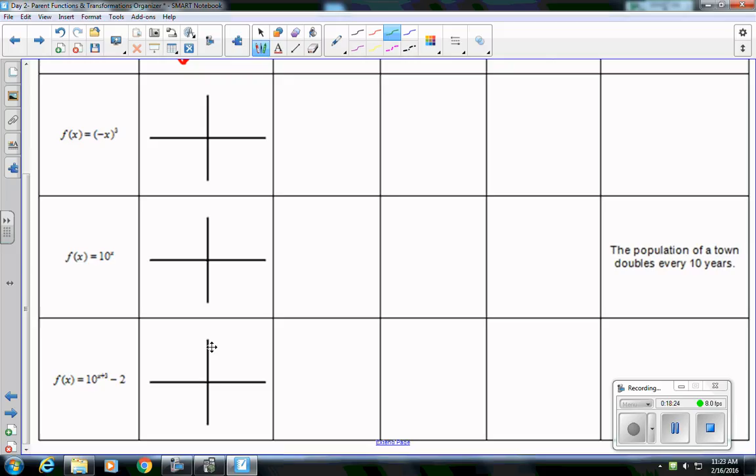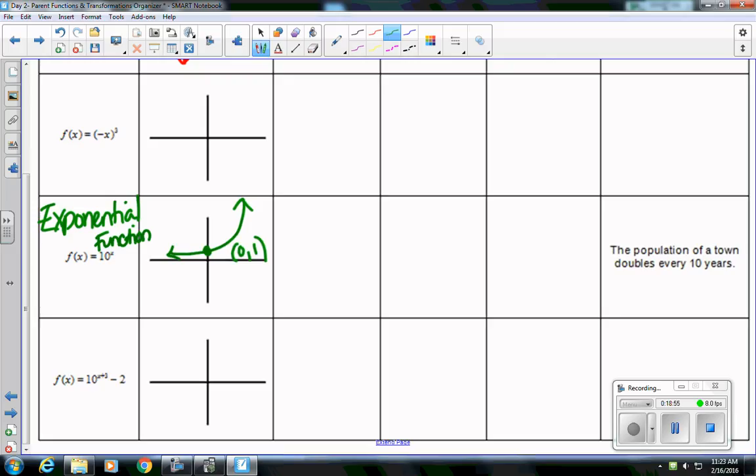Notice that the variable is in the exponent, so this is our exponential function. So our exponential function is going to look like this. Remember that it's always passing through the point (0, 1) when there are no transformations.